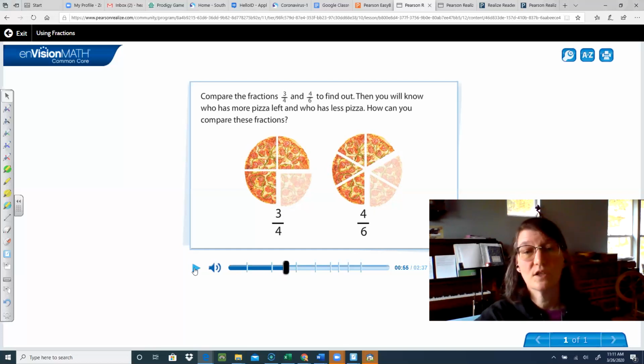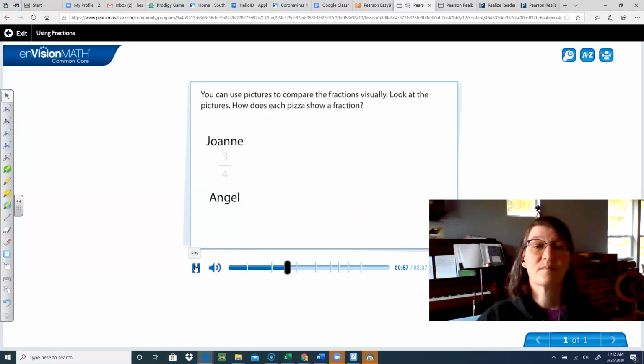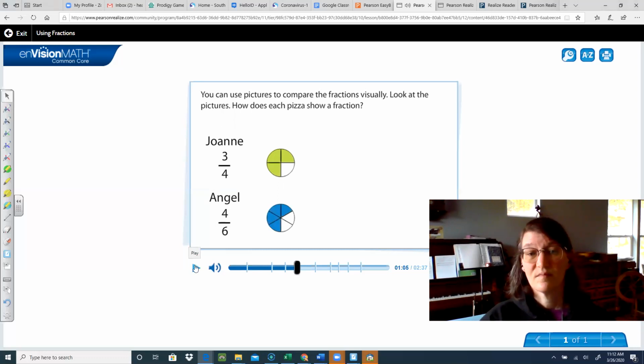So what it just wants you to do is to compare the fractions. You can look at the visual and decide which one is larger and which one is smaller. So each one shows how much of the whole is remaining.